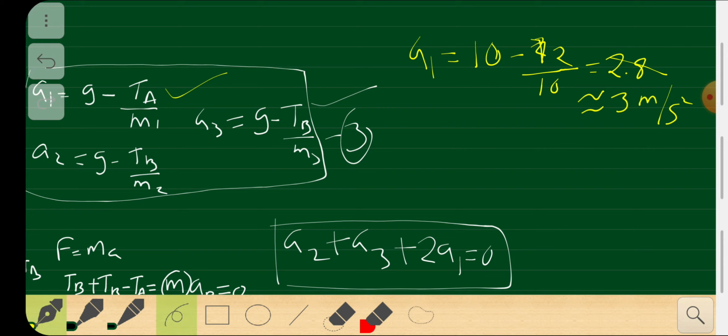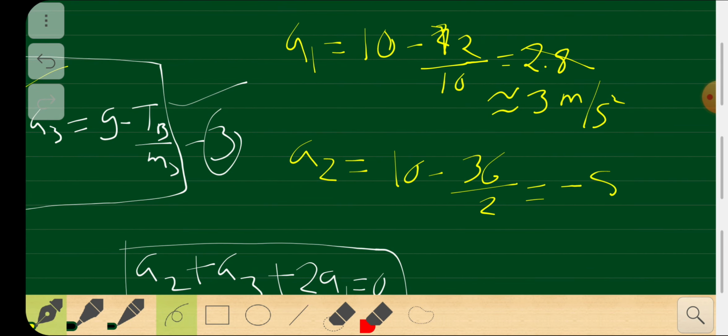Now a2 will be equal to g, which is 10, minus Tb, which is 36 by m2. M2 was just 2 kilograms, right? So it will be approximately minus 8 meter per second square.